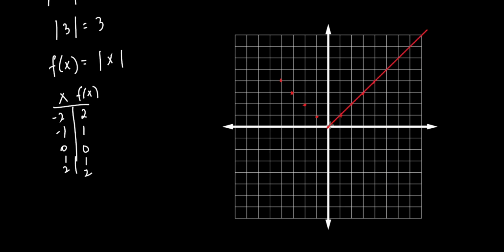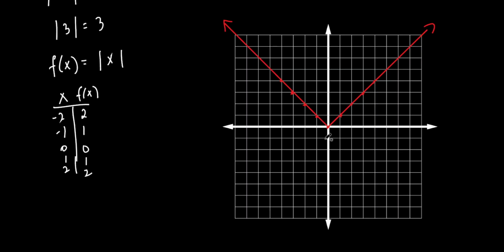And then this would go this way. There we go. So that right there, and it keeps on going. That right there is an absolute value function. Pretty simple, isn't it?